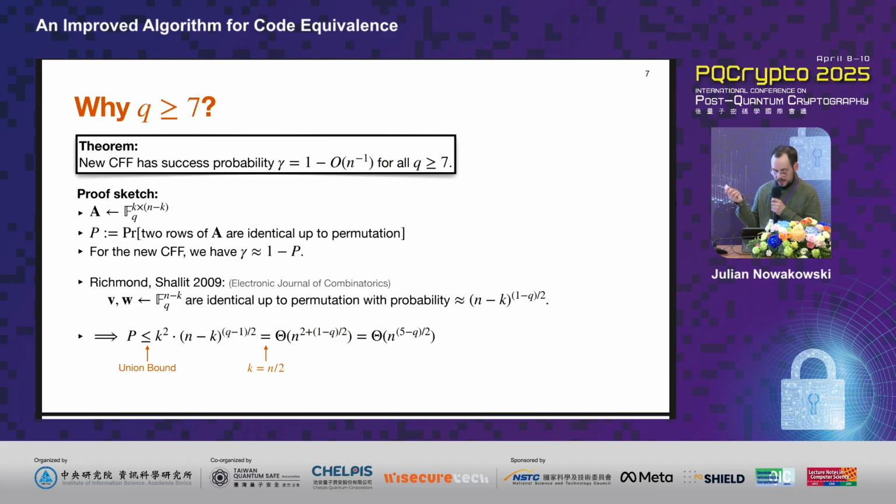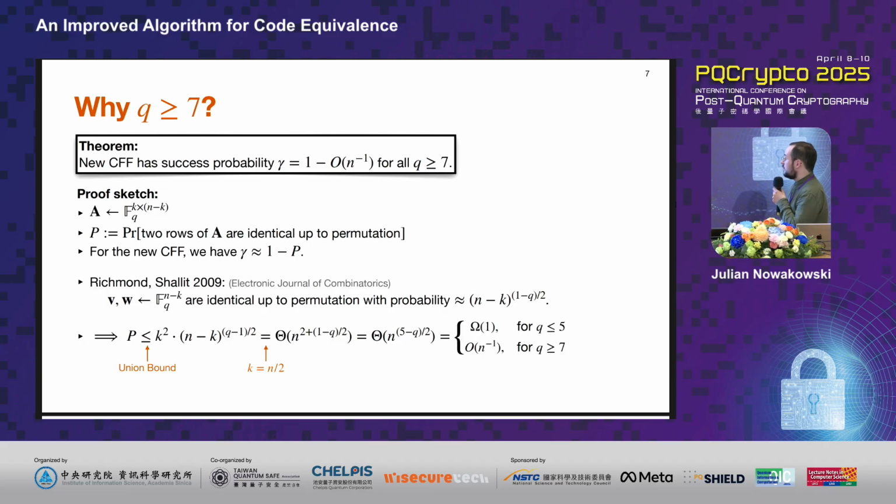Now, if we plug in various values of q, say something that is at most 5, then this term is going to grow at least as fast as a constant, and for q strictly smaller than 5, this even goes to infinity. Only if we go to q greater or equal than 7 does this give us something that converges to 0.